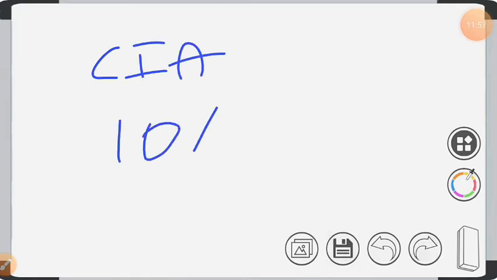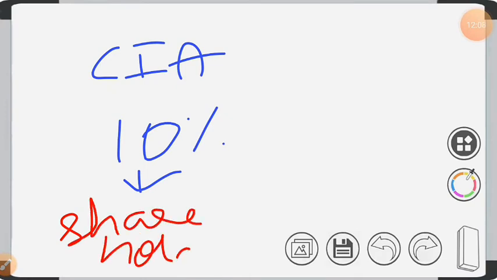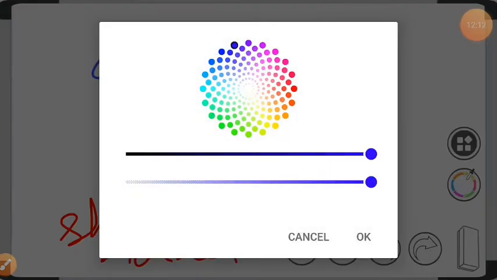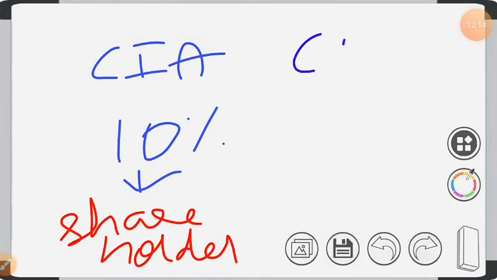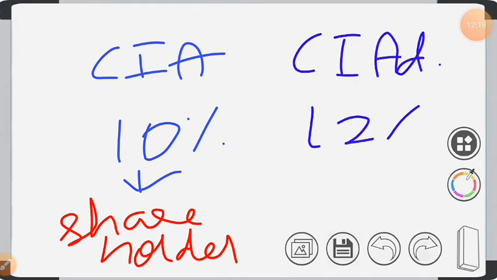Please remember that in calls in arrears, the interest is 10% that has to be paid by the shareholder, whereas in the case of calls in advance, the interest would be 12% paid by the company.